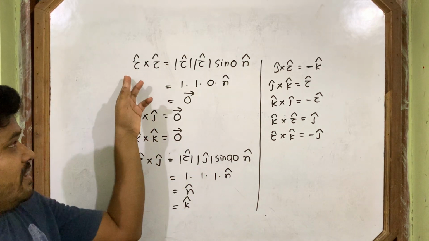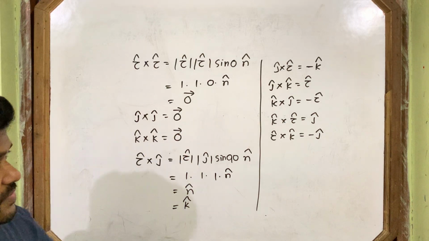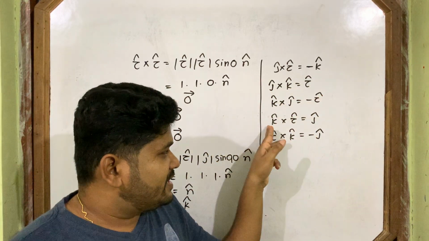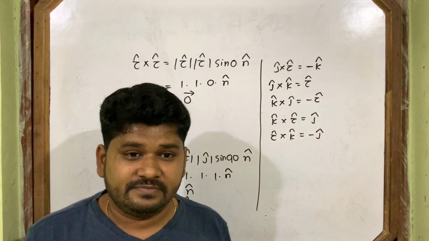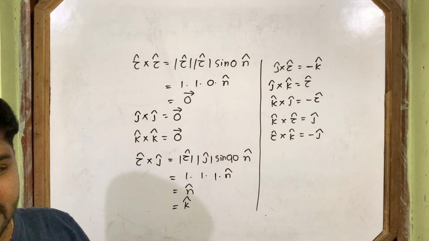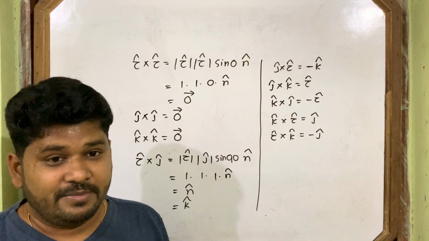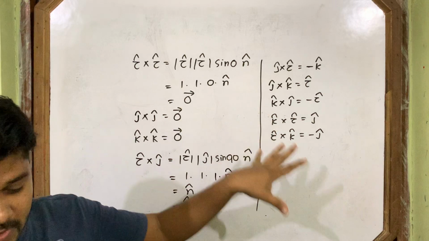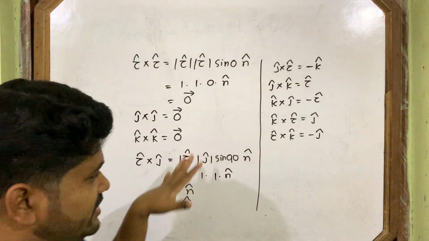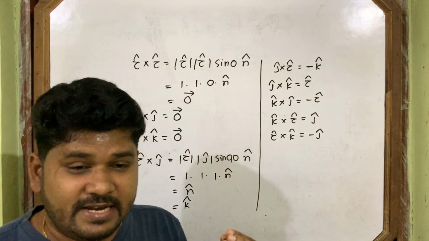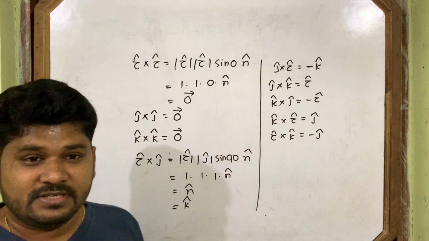I cross I is 0, j cross j is 0, j cross k is I, I cap cross k cap is minus j cap. You have to memorize this to do future questions. But the problem is, now you are thinking, how will I remember this? Is there any easy trick to remember this cross product?